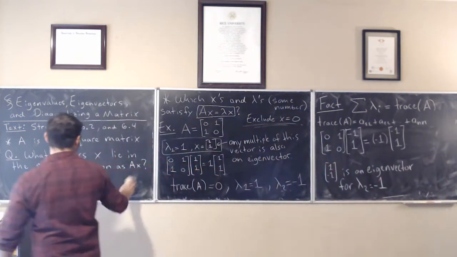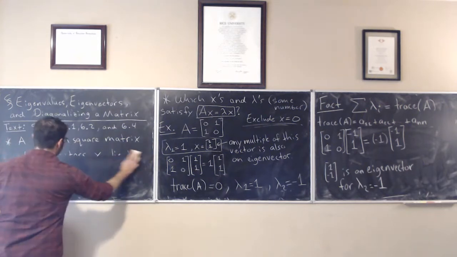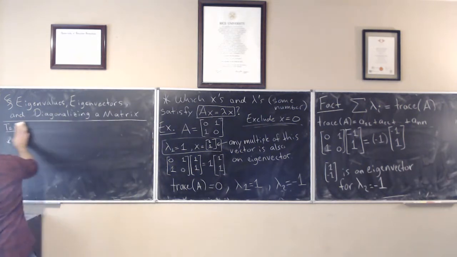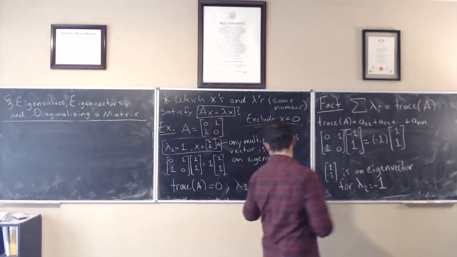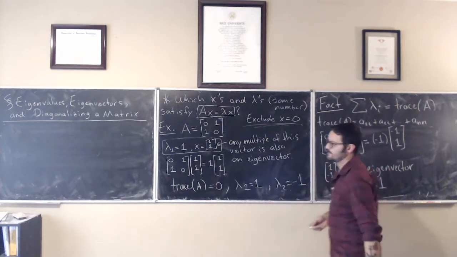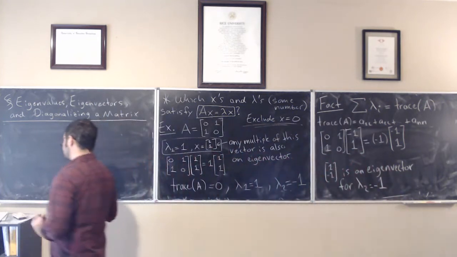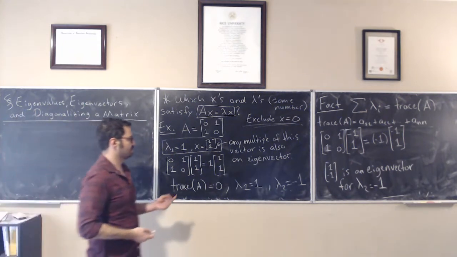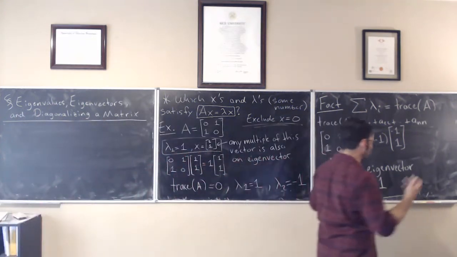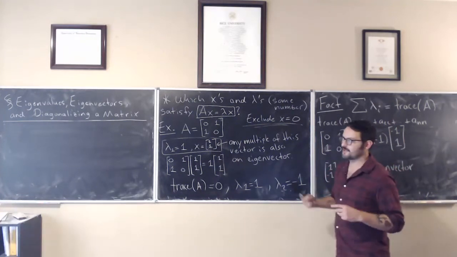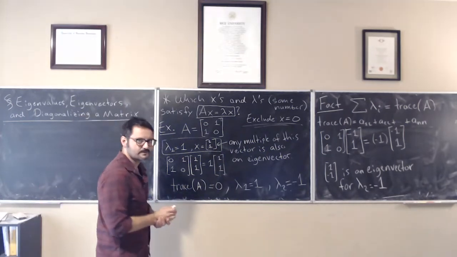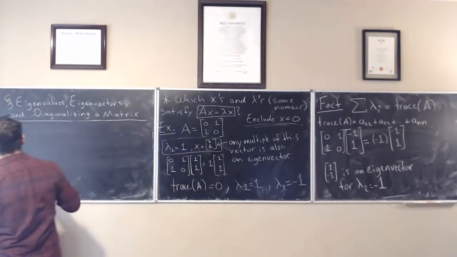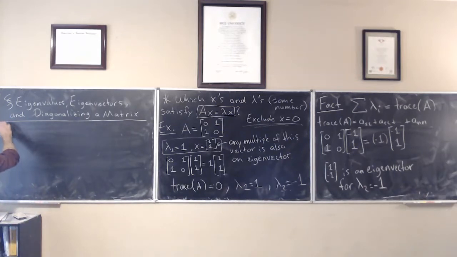Now, what's nice here is that we had no repeated eigenvalues. When there are repeating eigenvalues, we don't necessarily get good eigenvectors, and by that I mean we don't get n eigenvectors. I'll put a star next to this.